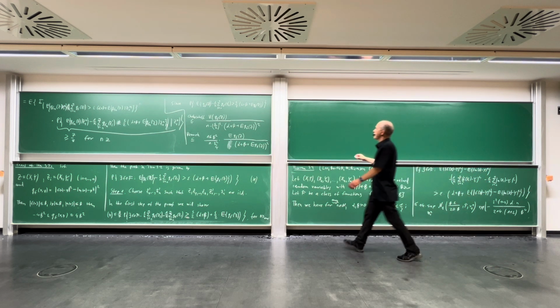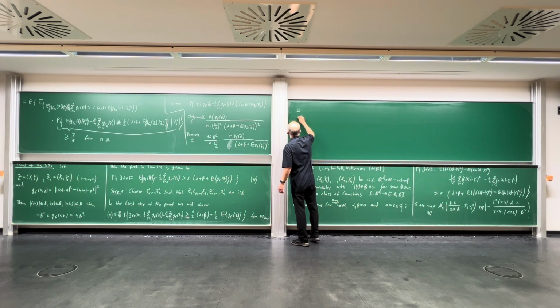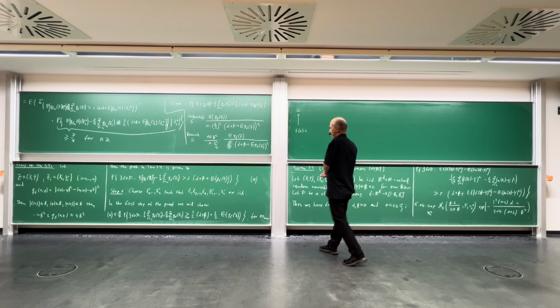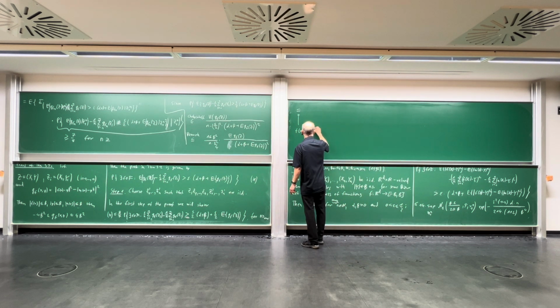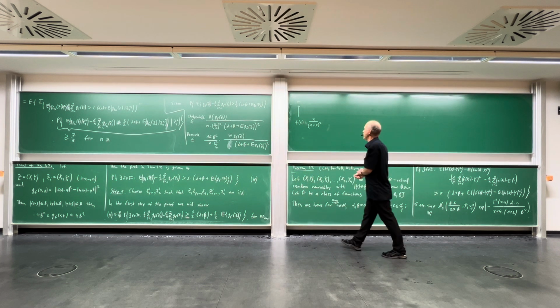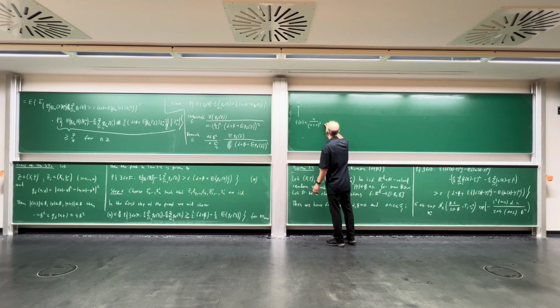So we say this is something less than, and here I look at f of x, the function x divided by a plus x squared. And if you look at this function, then you can look at the derivative of f.